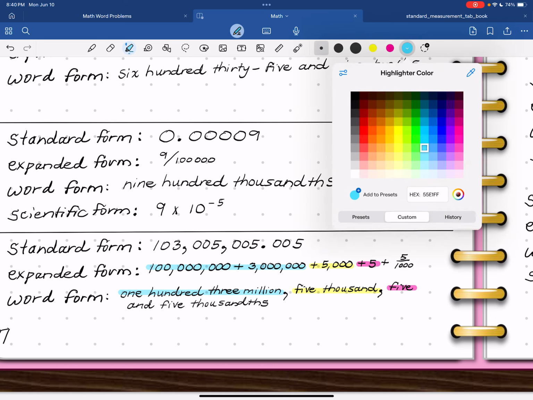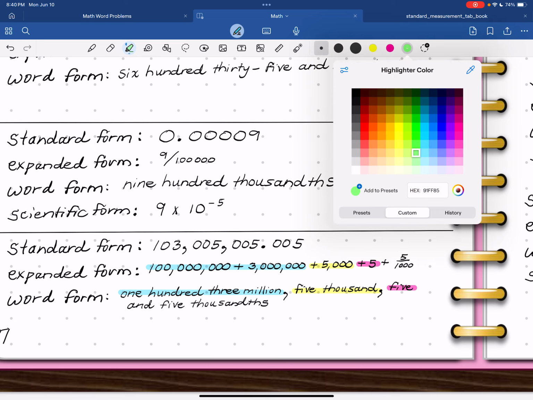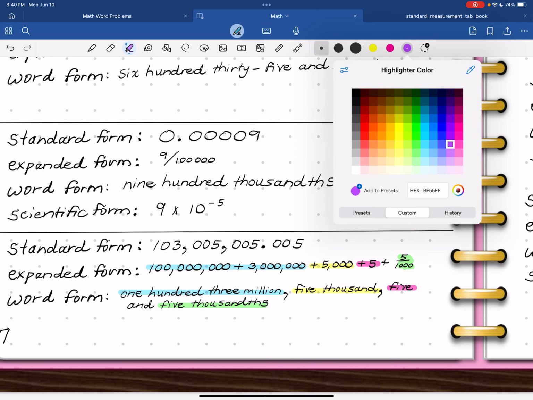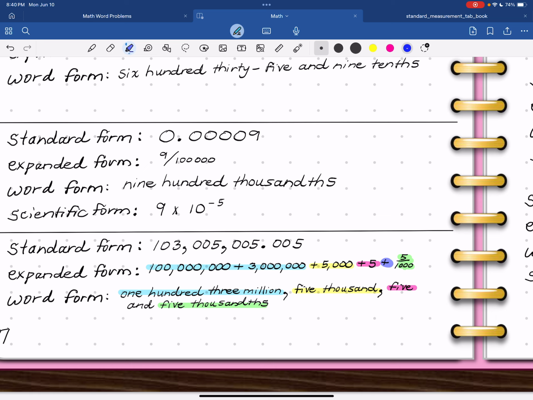And I'm out of colors, so let me grab a green. And then here is the 5,000ths. And I'm going to add one more color because that decimal point is so incredibly important. There's the and. At the point you move from whole numbers into decimals or fractions, you want the word and.